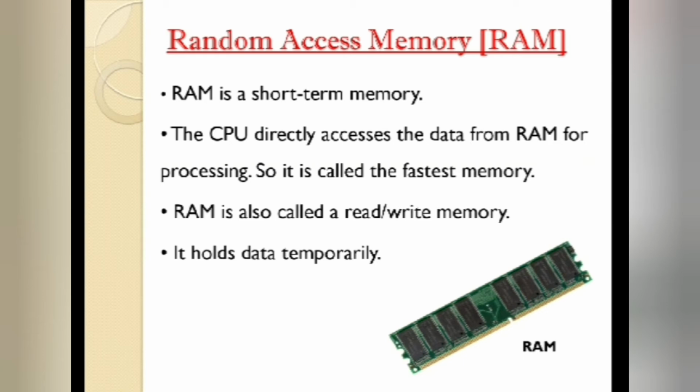That is why it is called the volatile memory. It holds the data temporarily, but we can read, erase, and modify the data. Okay, could you understand, children, what is meant by RAM? What is the use of RAM?